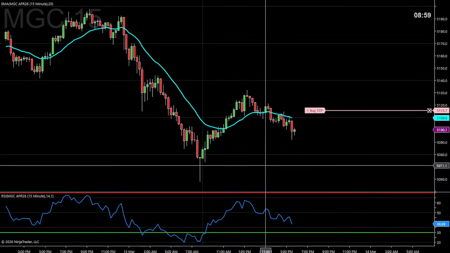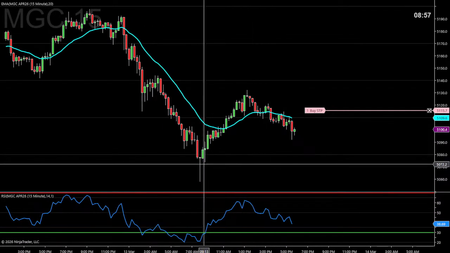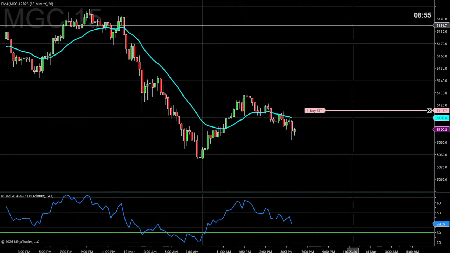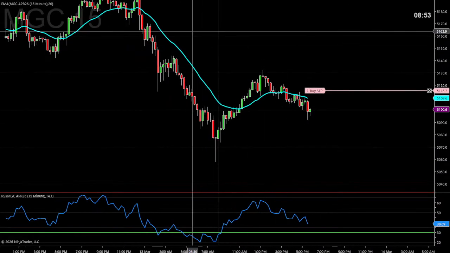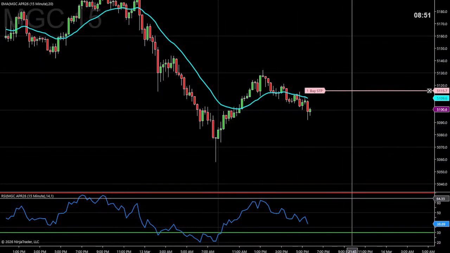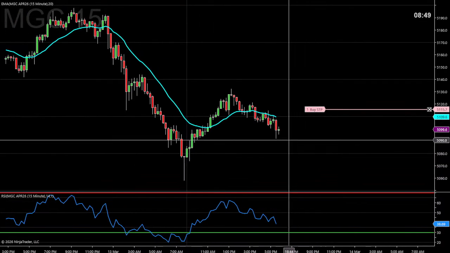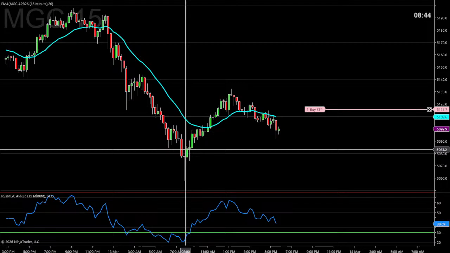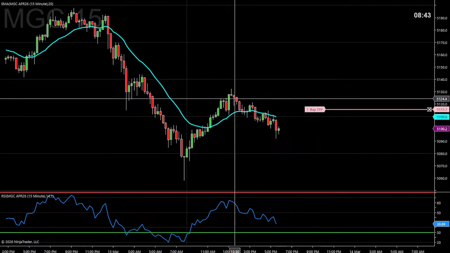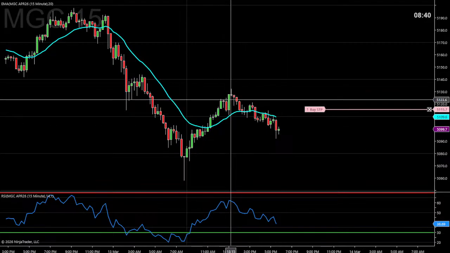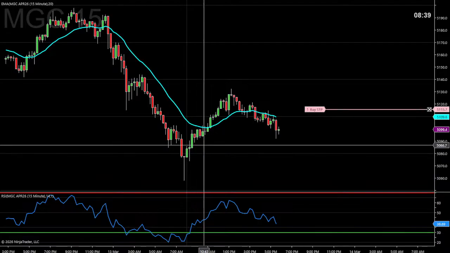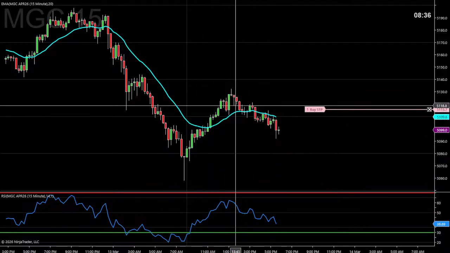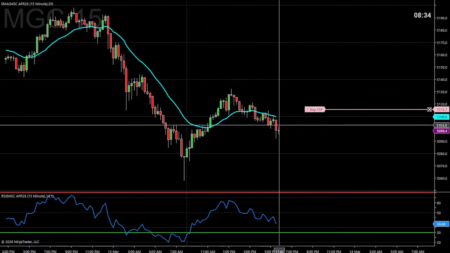So what I think is more likely to happen is that this becomes the new uptrend rather than this continuing as a downtrend. This just seems too slow. This is a lot steeper than this, and this is a lot steeper than that as well.